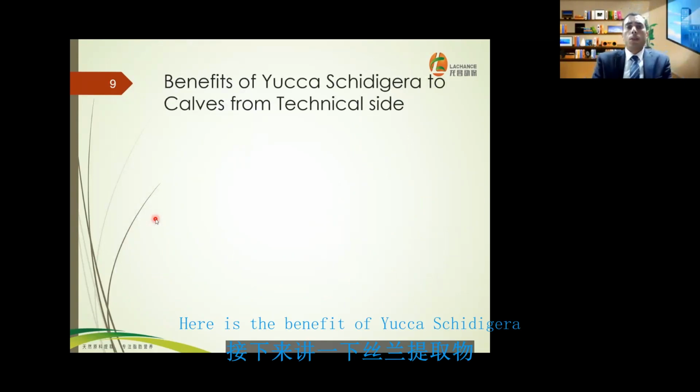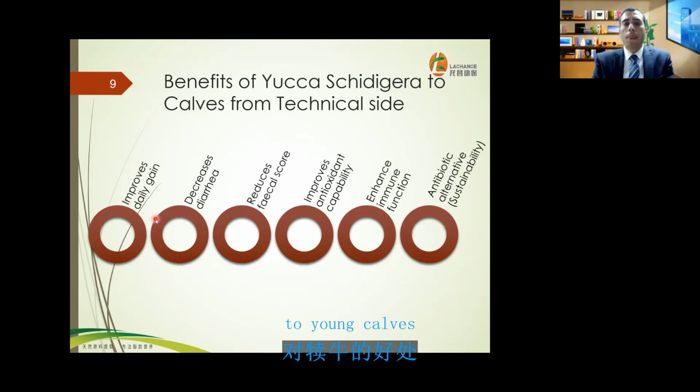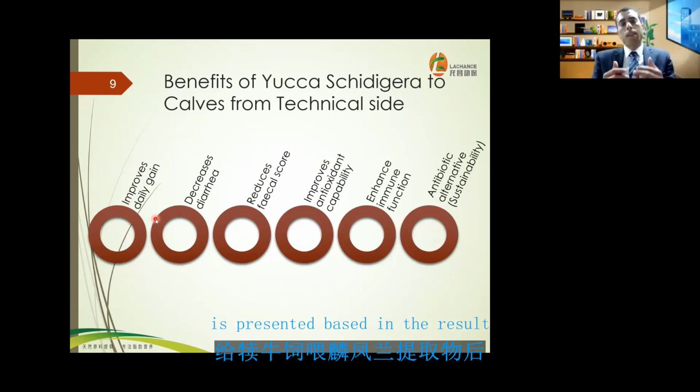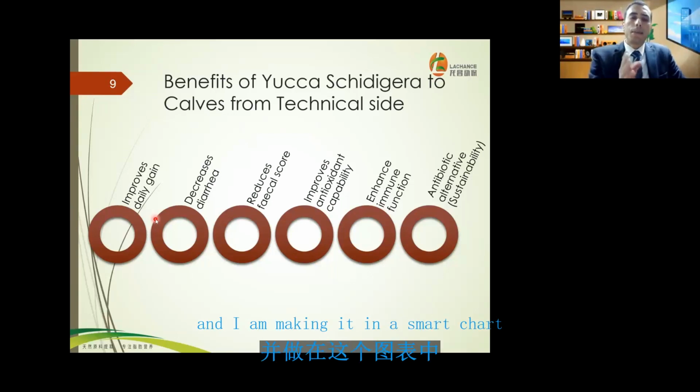Here is the benefit of Yucca extract to young calves. The benefits presented here are based on the results of using Yucca extract in young calf nutrition. I summarized the key points here in a smart chart.